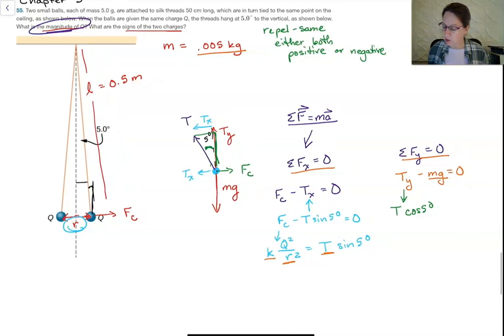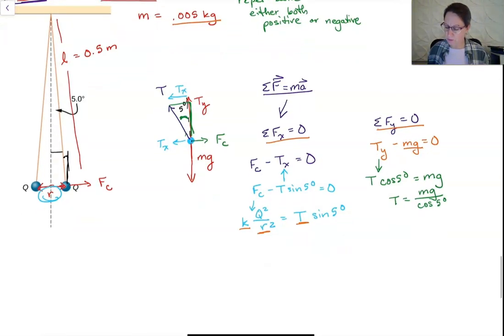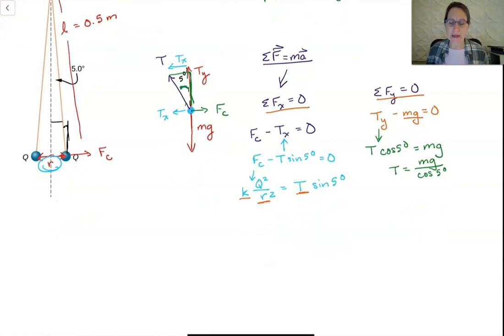So tension times cosine of 5 degrees is equal to mg, or the tension is equal to mg over cosine of 5 degrees. Okay, so I can plug that in, and I get k q squared over r squared is equal to mg sine of 5 divided by cosine, so that we would call tangent of 5 degrees.